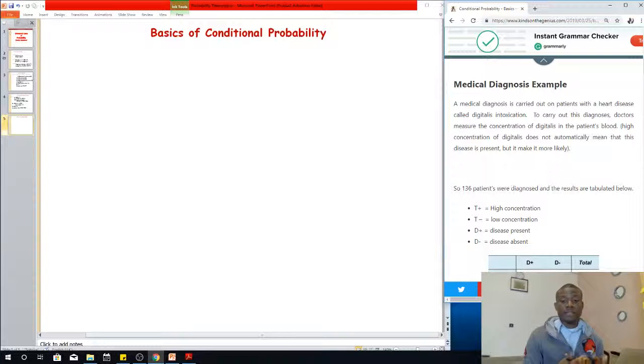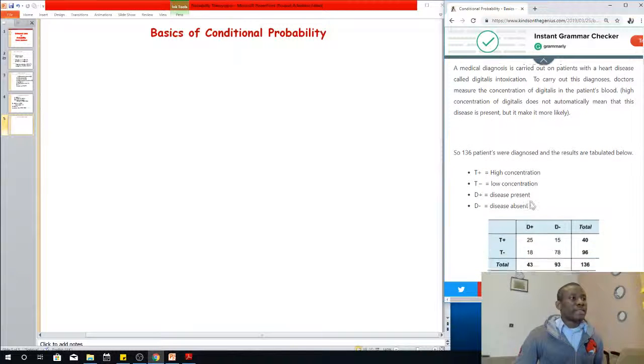Because this diagnosis is difficult, they have to perform a measurement and they'll be able to determine if this patient has this heart disease. When they carry out this measurement, if there is a high concentration, they can conclude that the patient has this disease of digitalis intoxication.